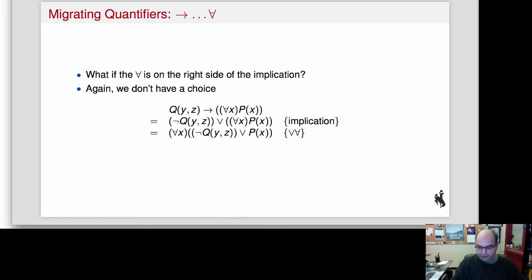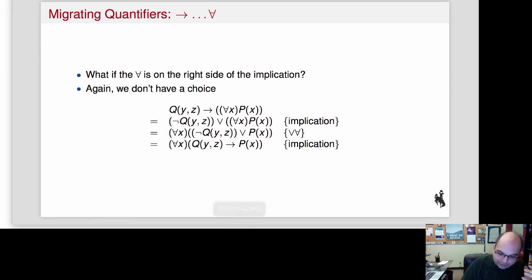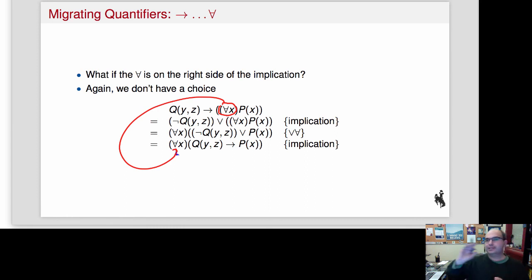I'm left with a not q or p, turned back to an implication, and I'm done. Okay, so this quantifier actually migrates all the way to the front without flipping because it's in the conclusion of an implication, and the conclusion is just or, right? It's only the hypothesis that needs to be negated as well.